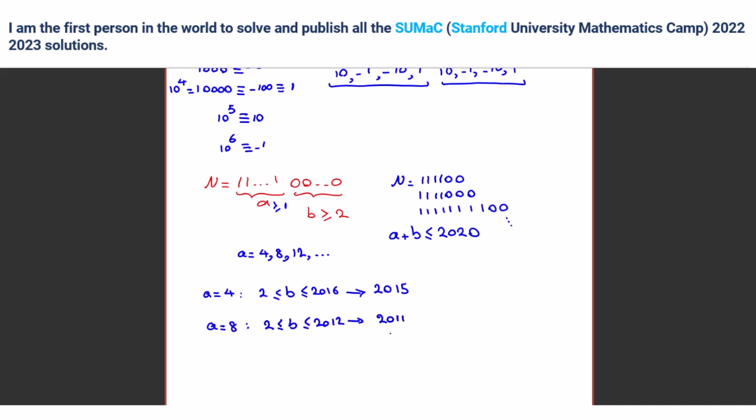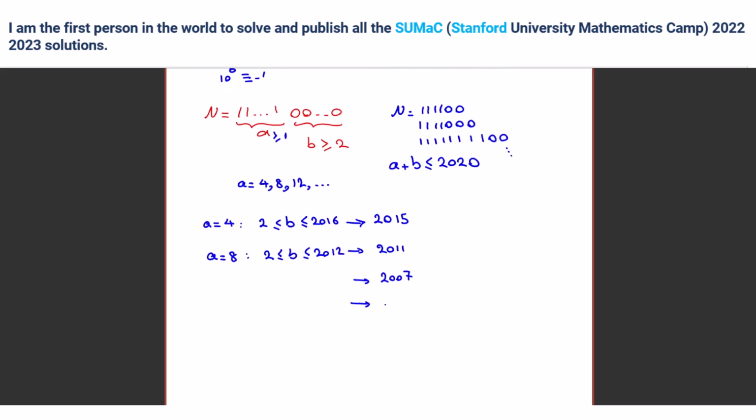The next one is what? 2007. Okay. Next one is what? Next one, 2003. All the way to 1999. Maximum A is what?